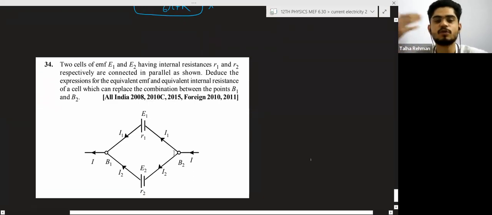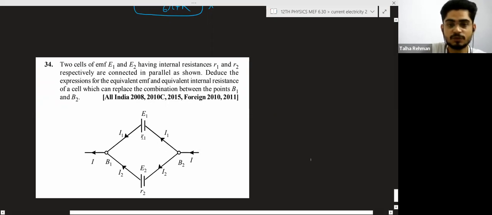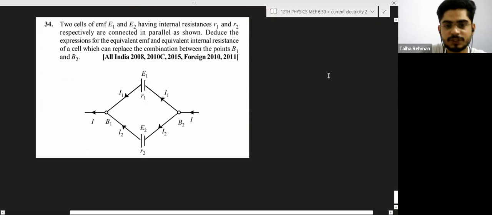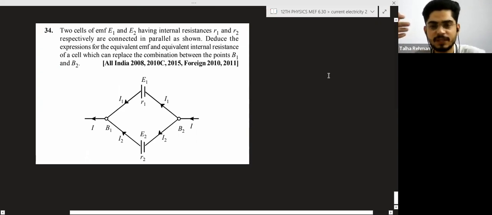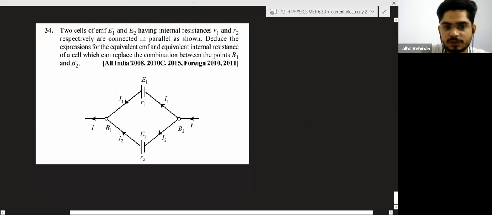We have discussed the parallel combination of equal cells, and this question is from the parallel combination of two unequal cells. So see how I will solve this question. This question is taken from the NCERT, by CBSE. This question appeared in 2008, 2010, 2015 and 2011. Means many times this question has appeared in the examination.